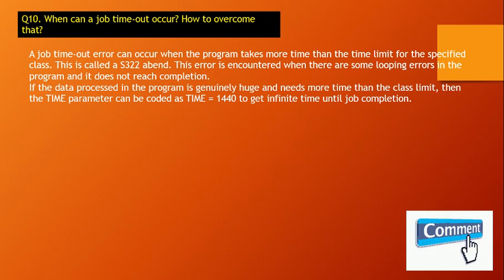When can a job timeout occur, and how do you overcome that? A job timeout error can occur when the program takes more time than the time limit for the specified class. This is called an S322 abend. This error is encountered when there is some looping error in the program and it doesn't reach completion.